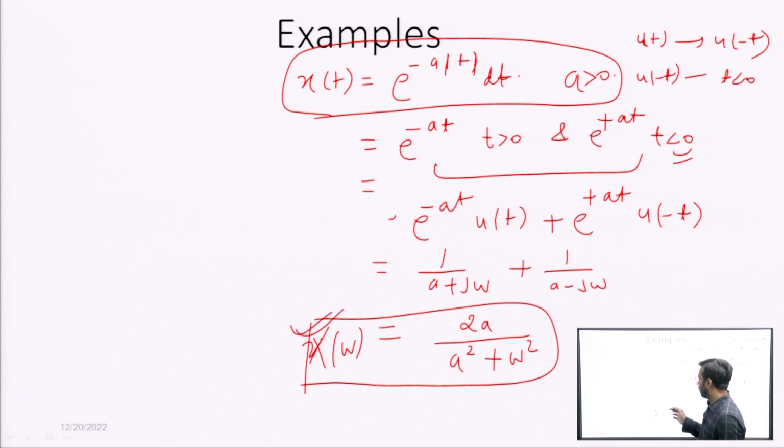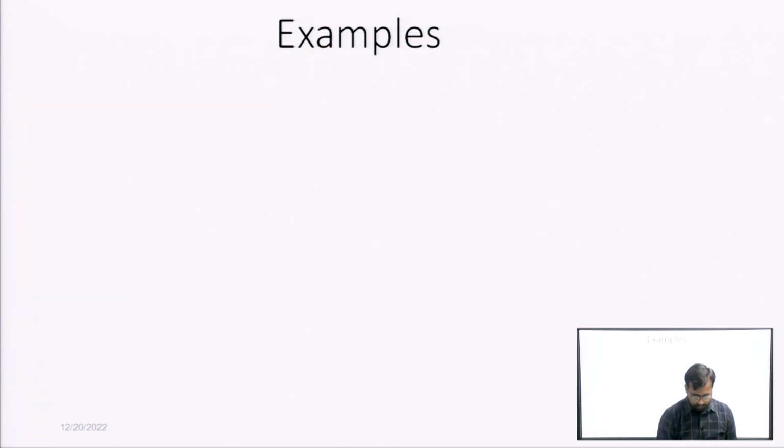As we know, one of the very important properties we studied was duality. So, if you find some function in the time domain in the form of a square plus b square, then using the property of duality we can write the reverse answer, or the Fourier transform. So, just see the example.